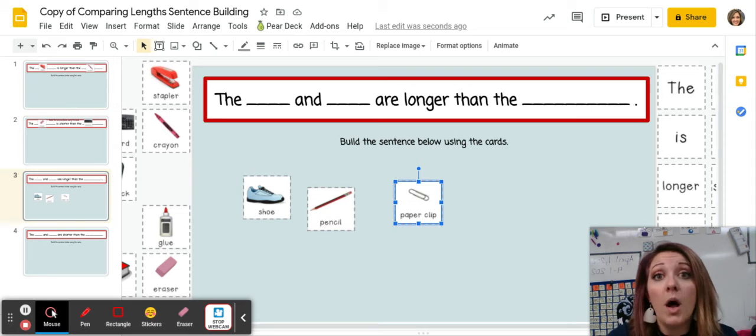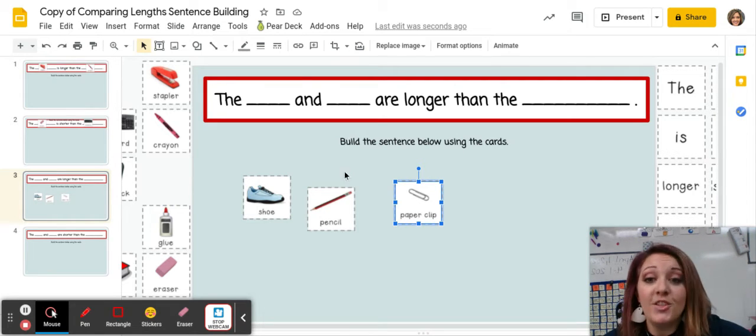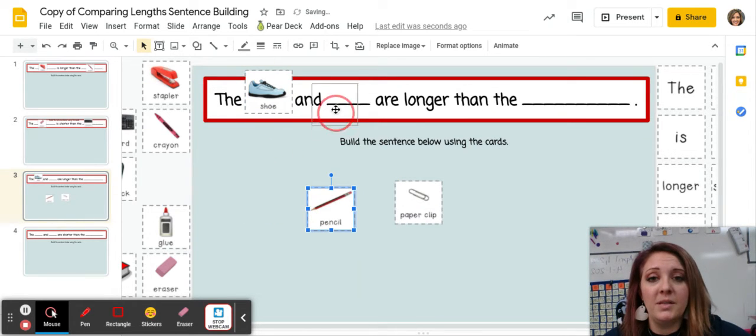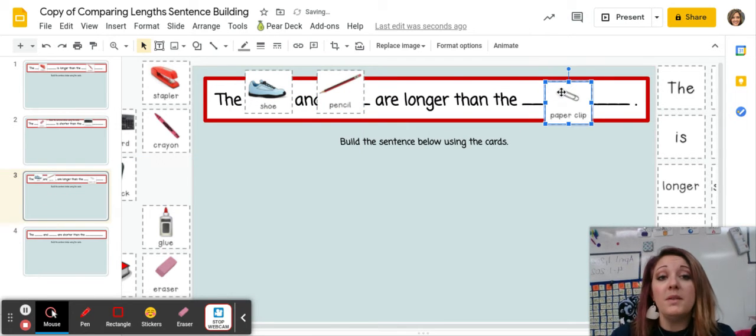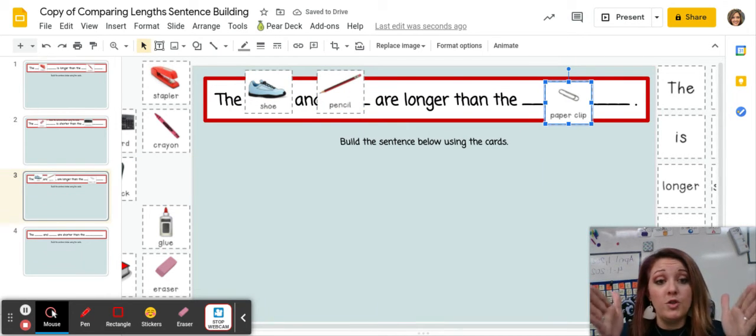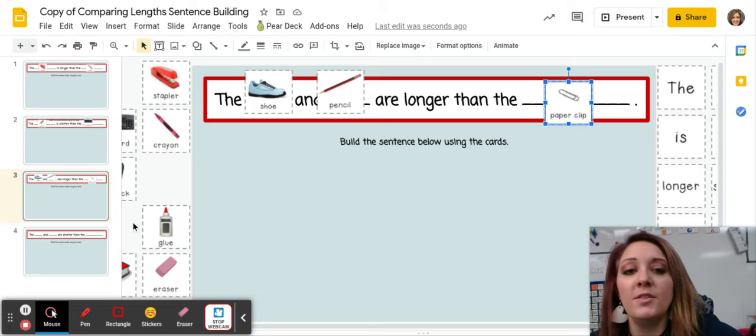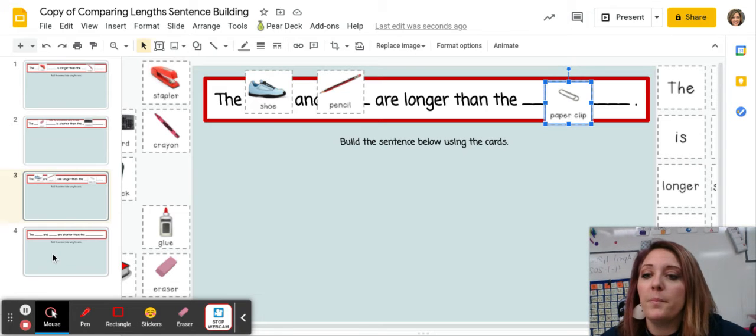Which of those objects are going to be longer than the other one? The shoe and the pencil are going to be longer than a paper clip because a shoe and pencil are bigger. Shoes like this, pencils like this, a paper clip is like this. So the shoe and the pencil will be longer than a paper clip.